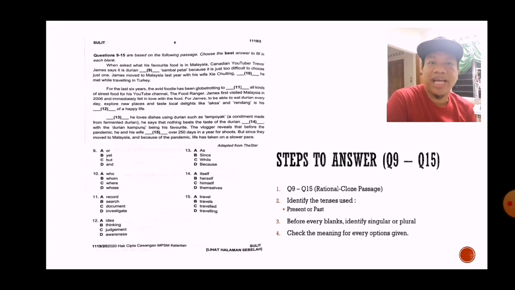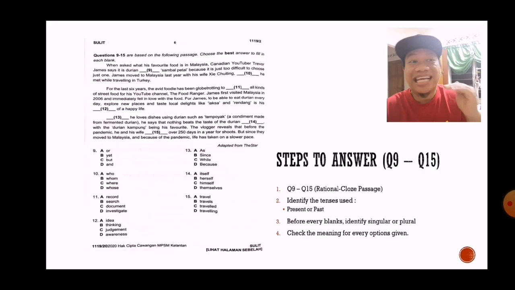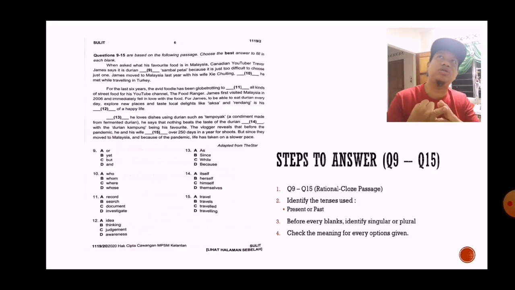The taste of the durian itself, with the durian kampung being his favorite. Yes, in Malaysia we have different categories of durians. Different categories mean different prices of durian. I think there are two among the top rankers: Musang King, the name of the durian, and also another one.